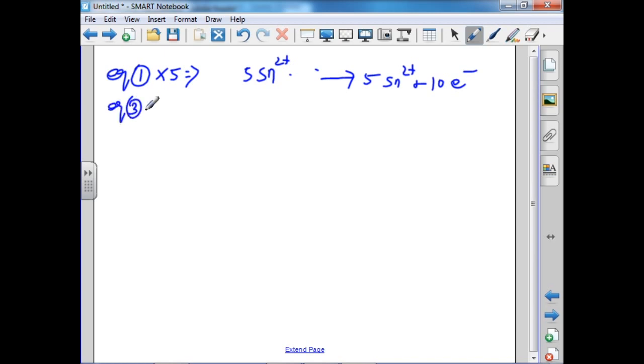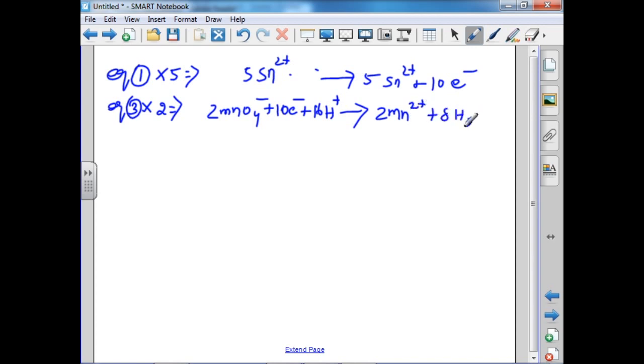Equation number 3 is multiplied by 2: 2 MnO4- plus 10 electrons plus 16 H+ gives 2 Mn2+ plus 8 H2O.